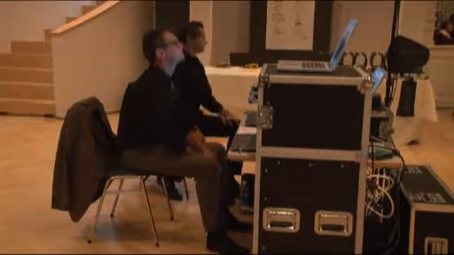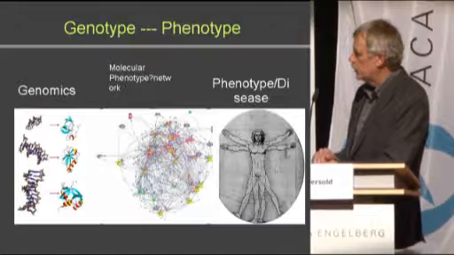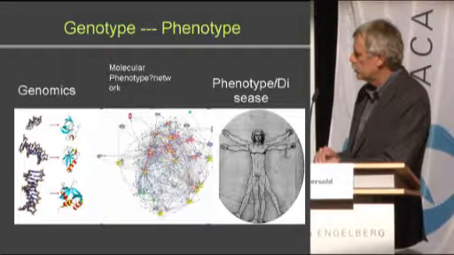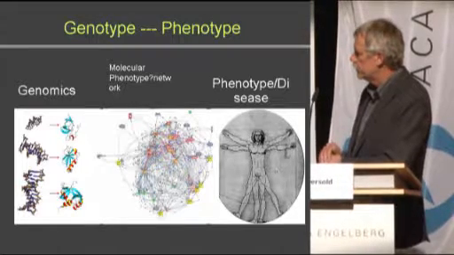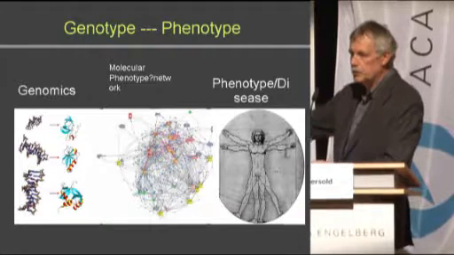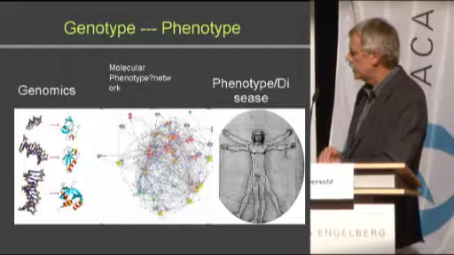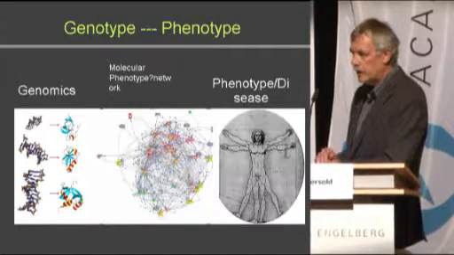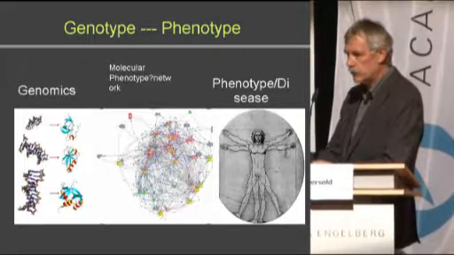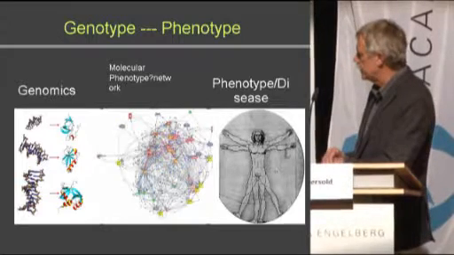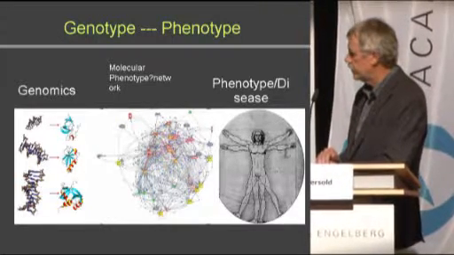So the task that we would set ourselves, if you want to make the link from genomics to a phenotype, is that we would be able to computationally predict that if certain mutations happen in the genome, we would like to predict how this affects the molecular entity, not in terms of individual molecules being up or down regulated, but in predicting how these molecules interact with each other to form an interaction network, a functional network of molecules, and how we can measure this network and interpret its link to the disease phenotype or healthy phenotype.